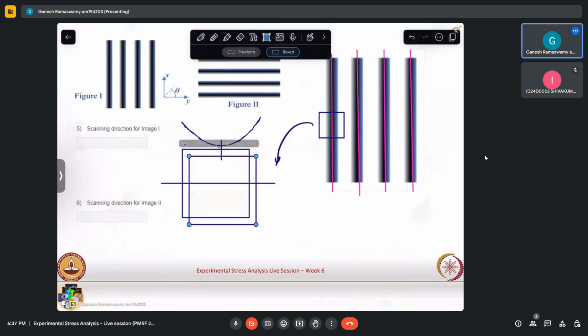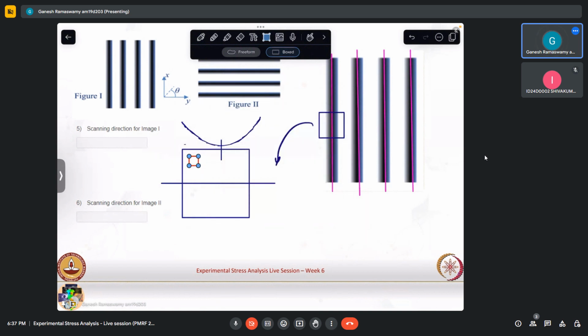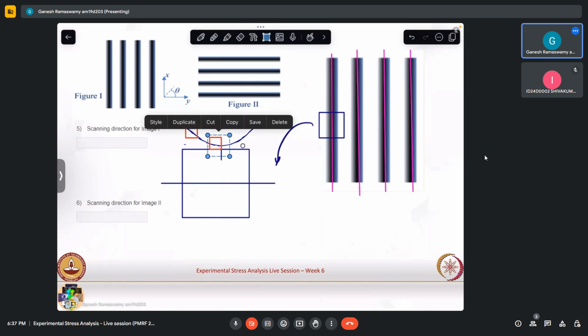Let me take this. Let us say that this is one pixel, and then we have the adjacent pixel like this, and then we have the adjacent pixel like this. I am just showing you along the graph. That doesn't mean that the pixels are ordering this way.